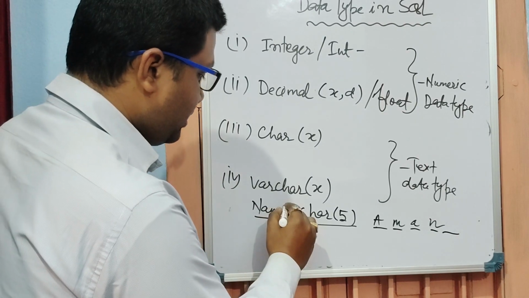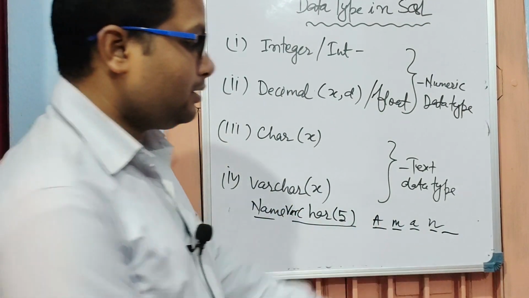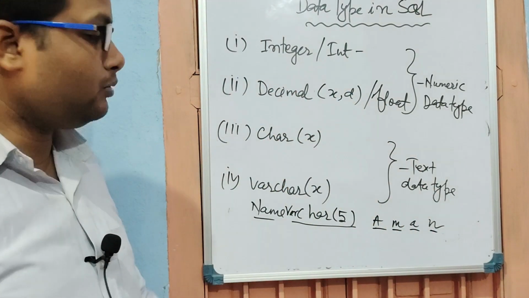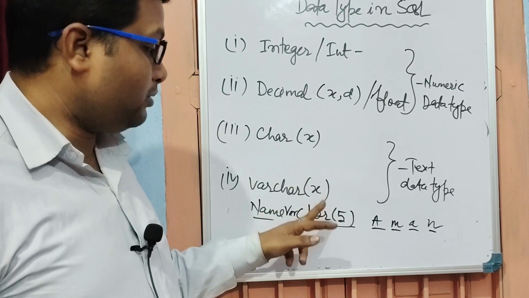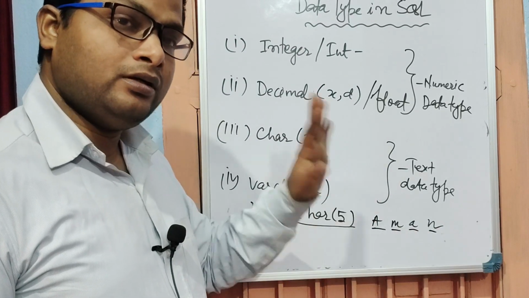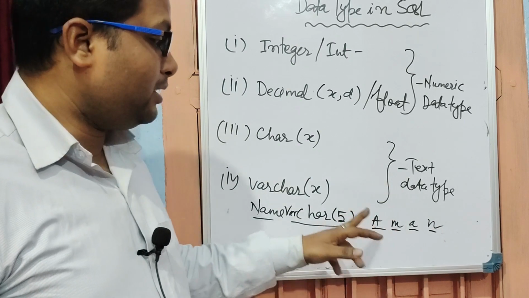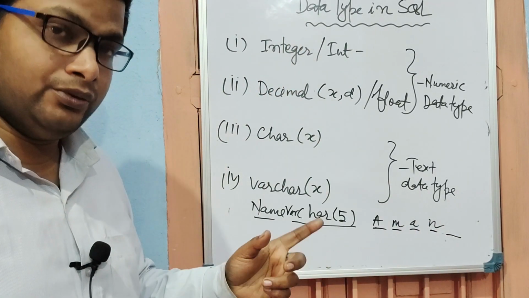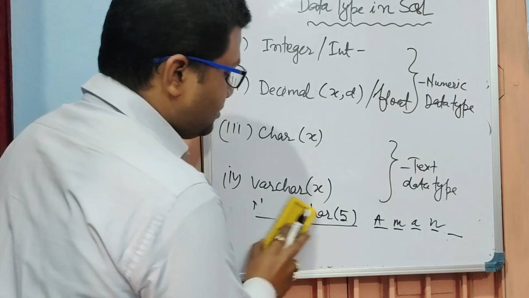But if you have taken varchar, in that case this memory location will be freed up. So varchar is more memory efficient than char. That's why varchar is called variable length, because the unused memory space gets freed up. But in char the unused memory space is also consumed. You have to keep in mind the difference.